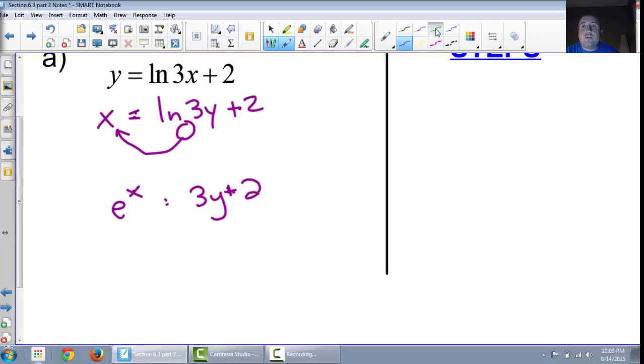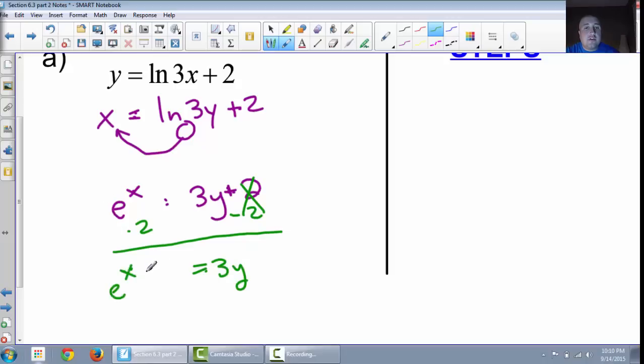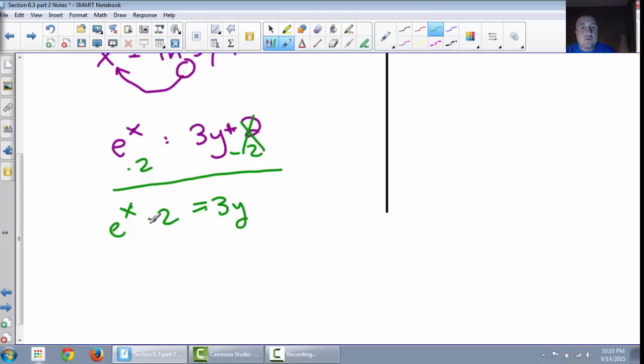First I'm going to subtract 2 from both sides. The 2s cancel, and I'm left with 3y equals e to the x minus 2. Lastly, I'm going to divide by 3.